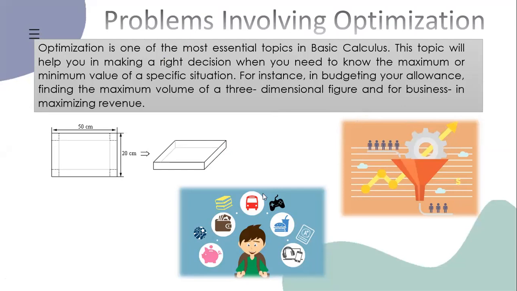For instance, in budgeting your allowance, sa pagbabudget ng ating mga baon sa school, pwede natin itong magamit. Finding the maximum volume of a three-dimensional figure, and for business in maximizing the revenue. Okay?